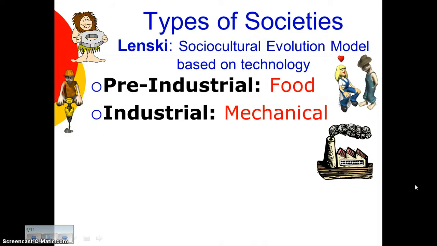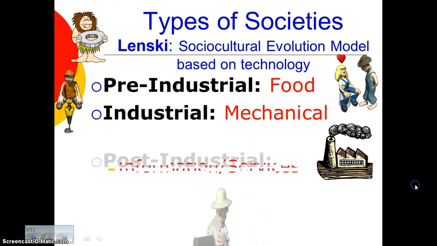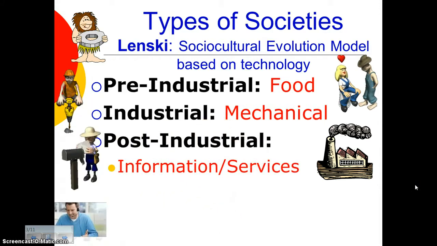Now, this carried into the middle 1800s, and from that point on, the late 1800s and early 1900s, we really became what's called a post-industrial society, according to Lenski. In a post-industrial society, the production of information and the providing of services is the major economic activity.